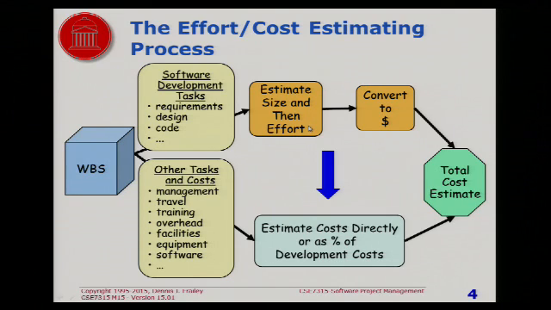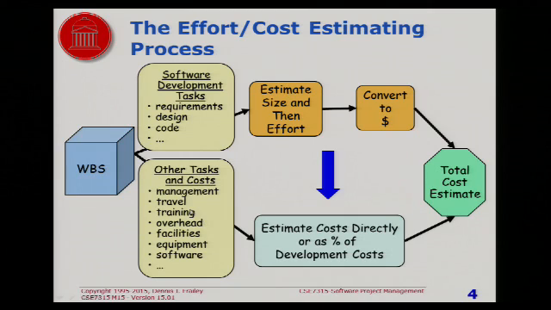When you do estimate the effort, then you convert to cost in terms of dollars or pounds or whatever your unit of money is. And given that information, then you can estimate all the other costs, things that are not directly software and development costs, such as travel costs, management costs, overhead costs, training costs, and all these other kinds of things that you need to do.